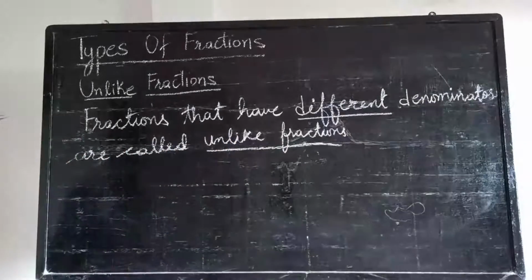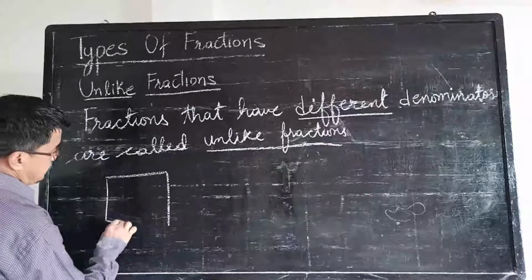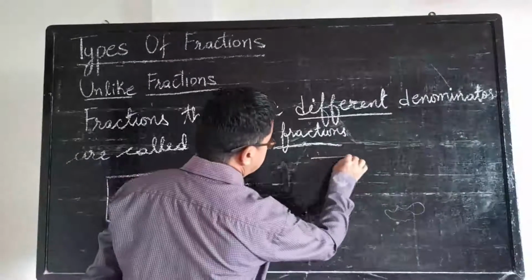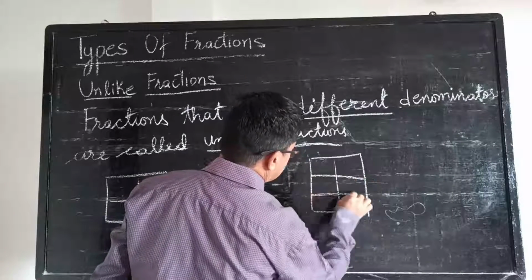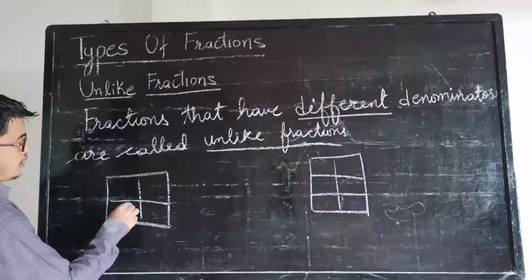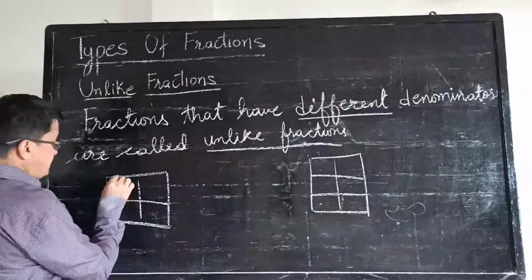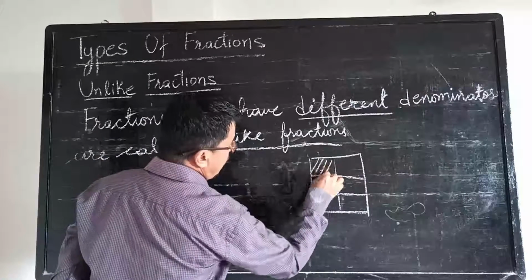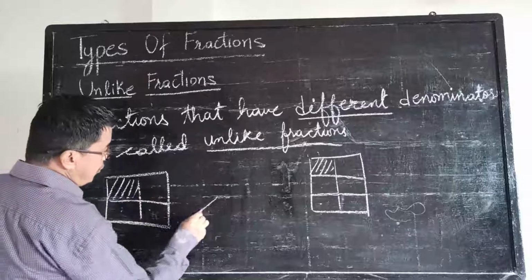Let's take an example here. Here I have divided the box into 1, 2, 3, 4 parts, and here 1, 2, 3, 4, 5, 6. Here I have shaded one part, and here also I have shaded one part. Now how many parts does this box have? 4.